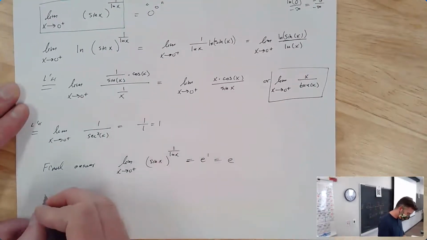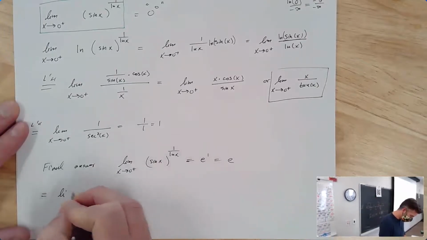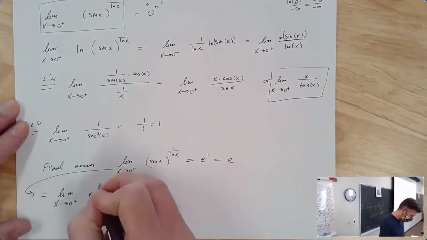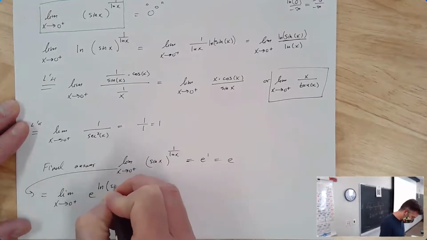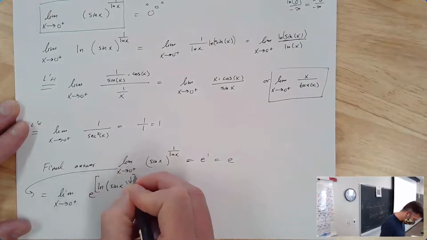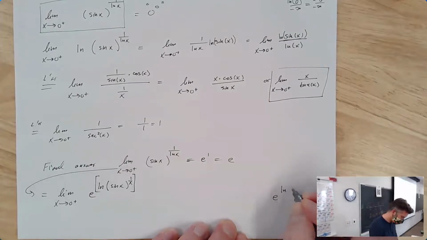This limit that we wanted to find is equal to the limit as x goes to 0 from the right of e to the natural log of your stuff. Because e to the natural log of anything is just the anything, right? E to the natural log of stuff is just the stuff.